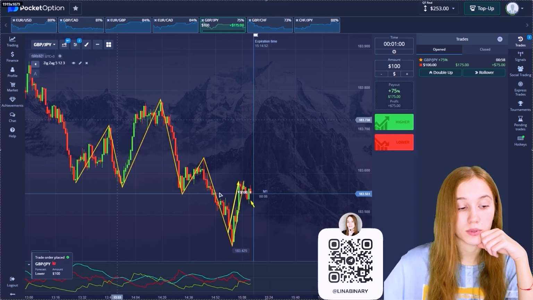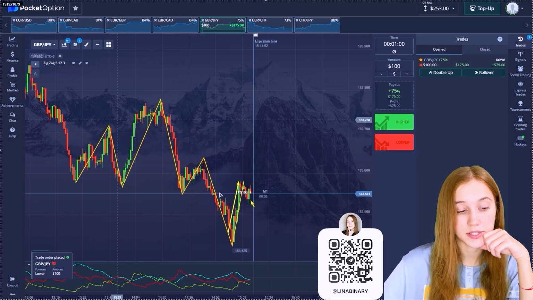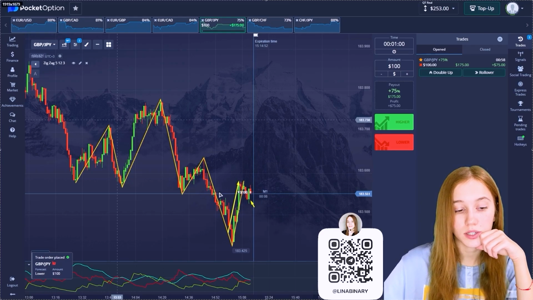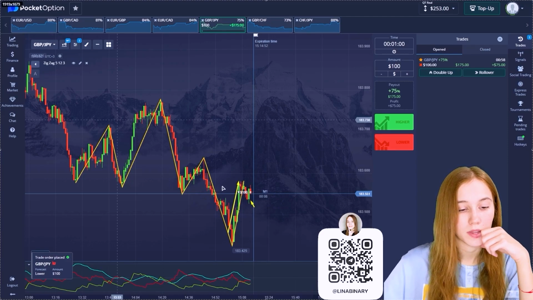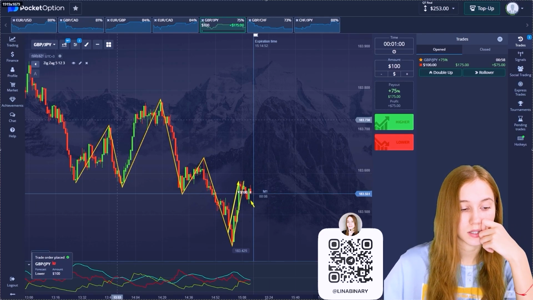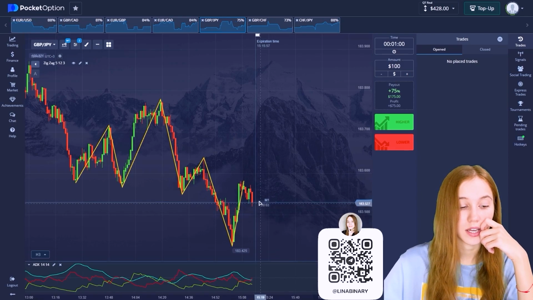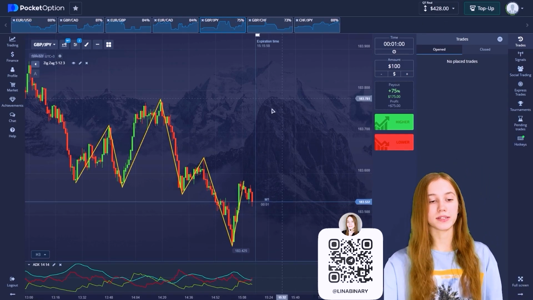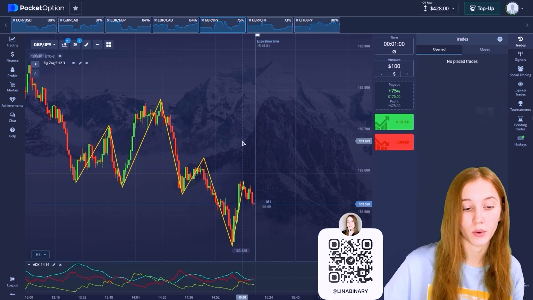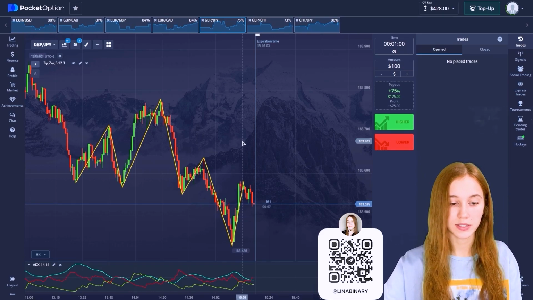By the zigzag we see an overall upward trend. This indicator filters out small consolidations. The deal should close in plus, I think. Yeah, we're in the black. The balance is $428.